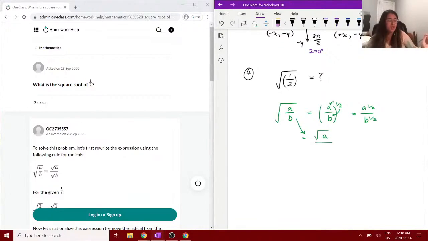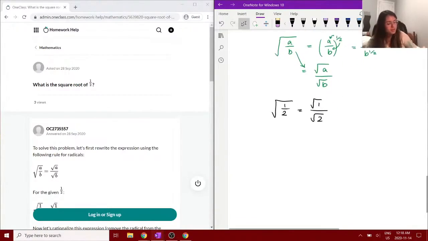Instead of a divided by b all within the square root, you have square root of a over square root of b. Okay, so that's the rule. So let's apply it to our square root of 1/2. We have square root of 1 over the square root of 2.